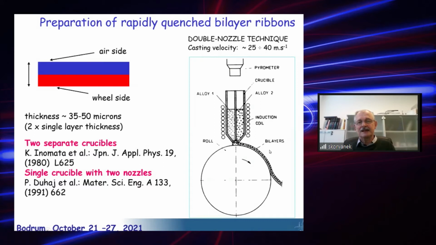So, and this is the experiment. For preparation of the layer, we have a crucible that is divided into two chambers. Each chamber has its own nozzle. The melted alloy in this chamber is ejected onto a rapidly rotating copper wheel.